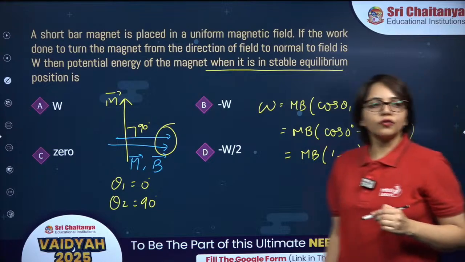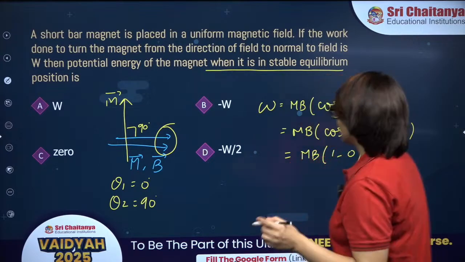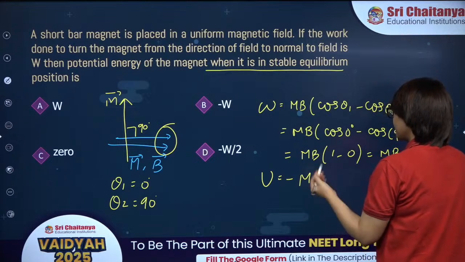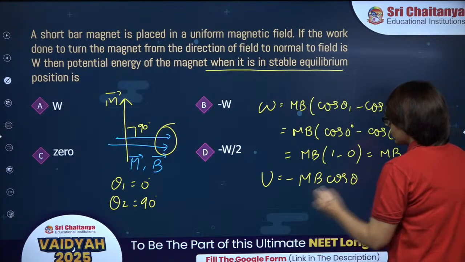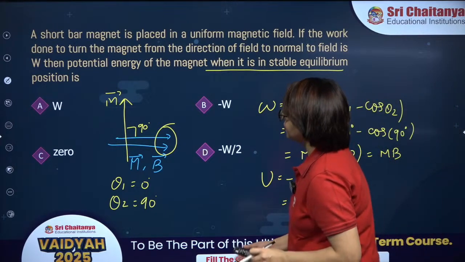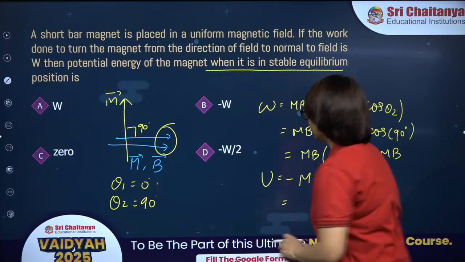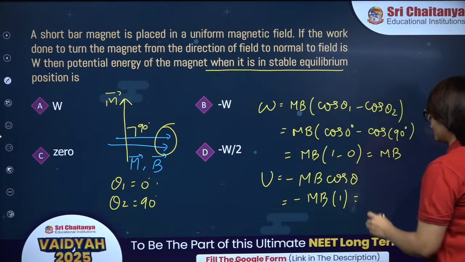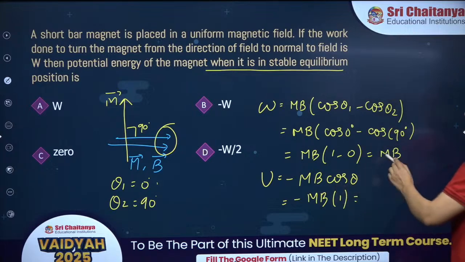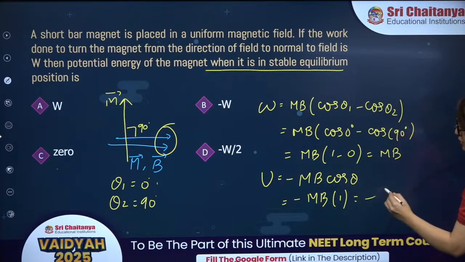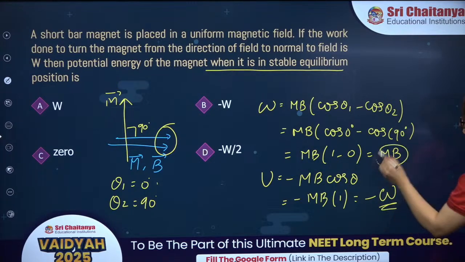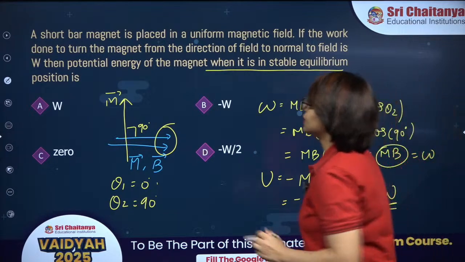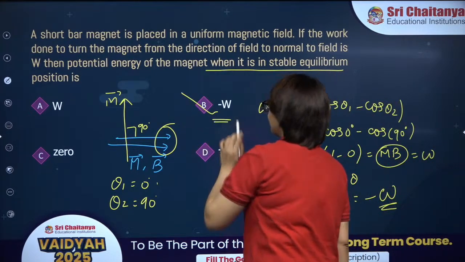Now the potential energy of the bar magnet is minus MB cos theta. In stable equilibrium position, theta 1 will be 0 degree. So it will be minus MB cos 0 degree, which is 1. So it is minus MB, but work done is MB, so potential energy is minus of W. I am just replacing MB with W. So potential energy will be minus W over here, which is option B.